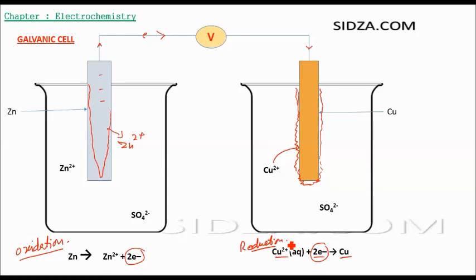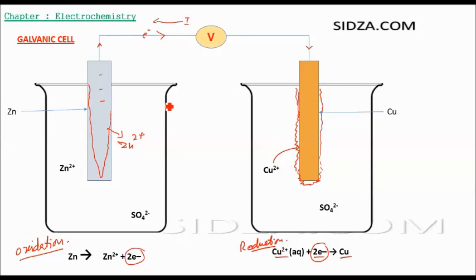Now the redox reaction occurs in two separate vessels. Due to the flow of electrons from zinc to the copper, we can see the current is developed, and the direction of the current will be opposite to the direction of flow of electrons. Okay, so we get the current. Now when one substance gets oxidized, we know that the electrode where oxidation occurs is called the anode, and the electrode where reduction occurs is called the cathode, which I have discussed in the previous lecture.